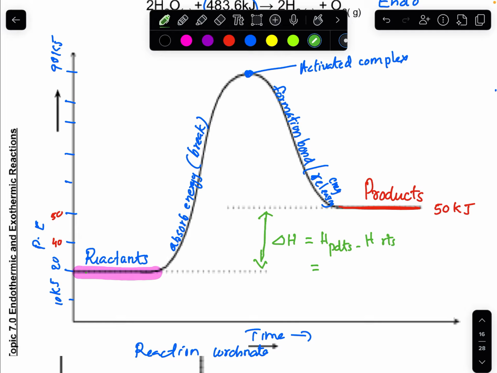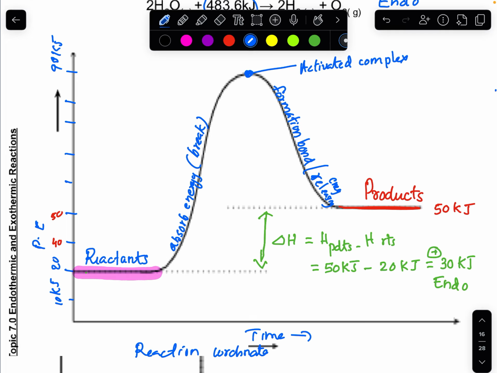That is 50 kilojoule minus 20 kilojoule, and you will get 30 kilojoule. Since it is positive, and reactants have less energy, the graph says this is endothermic.